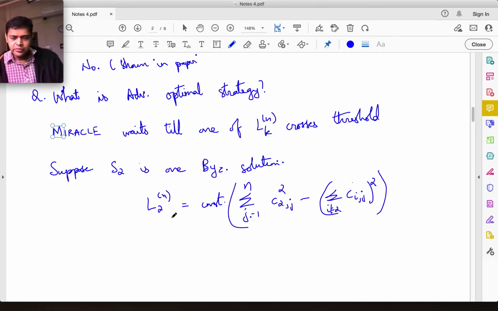Now the adversary would want one of his likelihoods to cross the threshold fast, right? I mean before, let's say, L1 of n crosses the threshold. But think about it here. For the adversary, what is there in this? There is C1j, but there is also C3j and C4j and so on, which are submitted by the adversary.